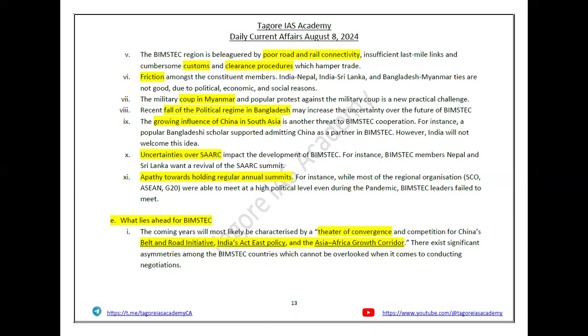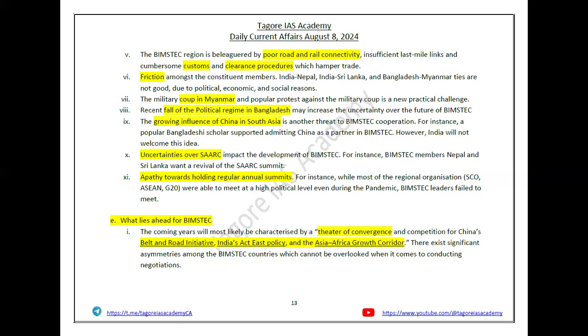Uncertainties over SAARC, right? Few members like Nepal and Sri Lanka want SAARC to function well rather than BIMSTEC. India, of course, has almost abandoned SAARC and is concentrating on BIMSTEC. Apathy towards holding regular annual summits, right? As it is mentioned, the Shanghai Cooperation Organization, ASEAN, and G20 all had conducted their meetings.